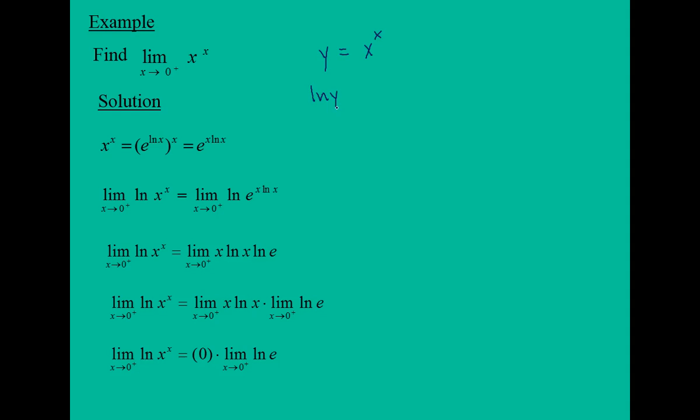So ln of y equals, now when I take the natural log of this side, now I can bring down the x, and now we can take the limit of the natural log of y as x approaches 0 from the right equals the limit of x ln of x as x approaches 0 from the right.